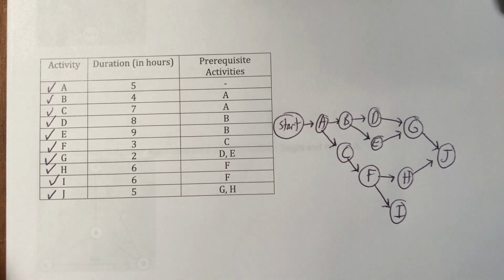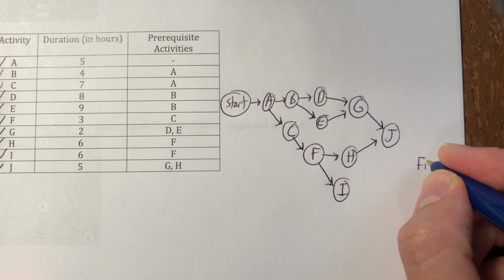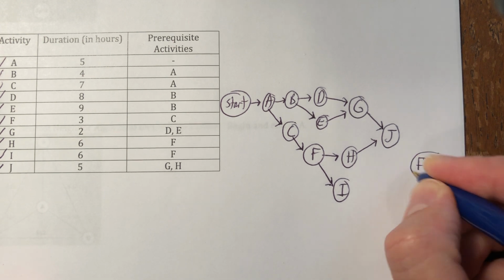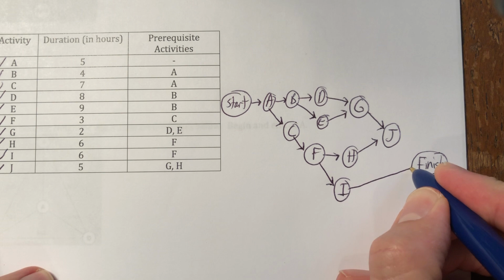We've put all of the activities on there. Now we'll slide this over here, and we will put the word finish. And every activity that does not have an arrow coming out of it is going to point to the finish.